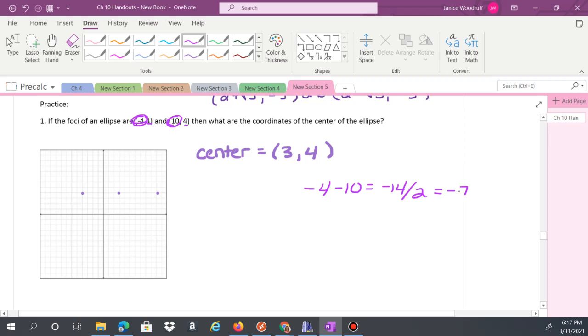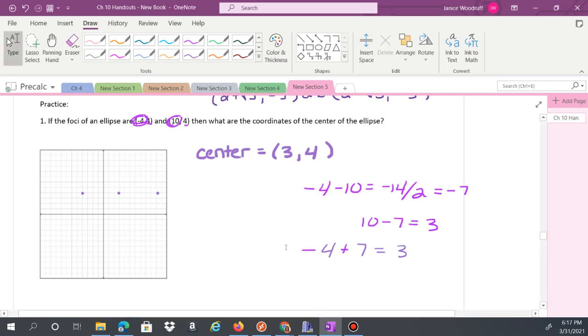Then I'm just going to add the 7 to -4, or subtract it from the 10. So 10 minus 7 gives you 3, or -4 plus 7 also gives you 3. That gives you the x value, and then the y value is the same. So that's the way you could do it algebraically. I like to visualize it.